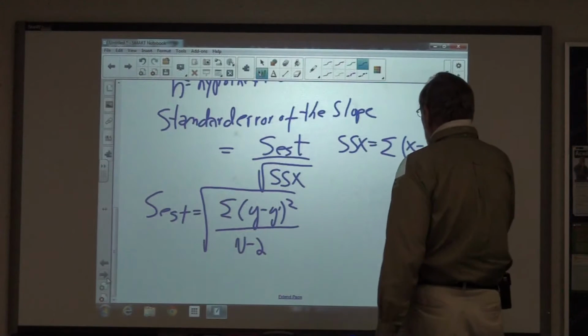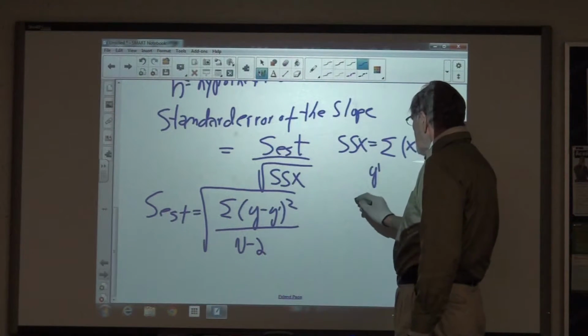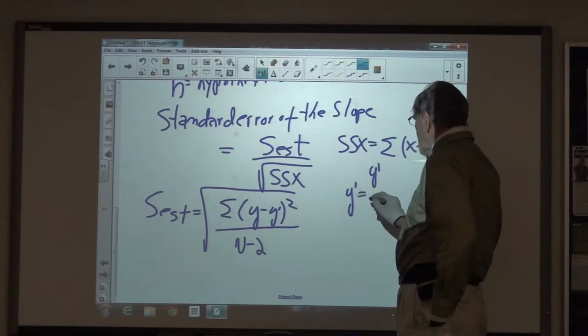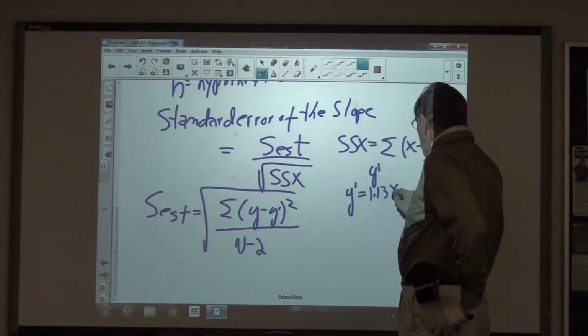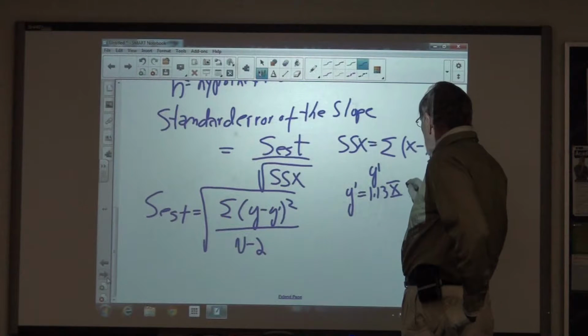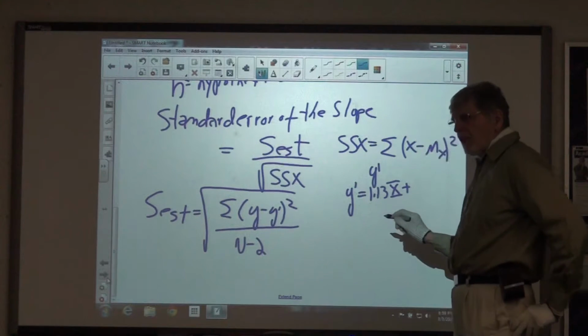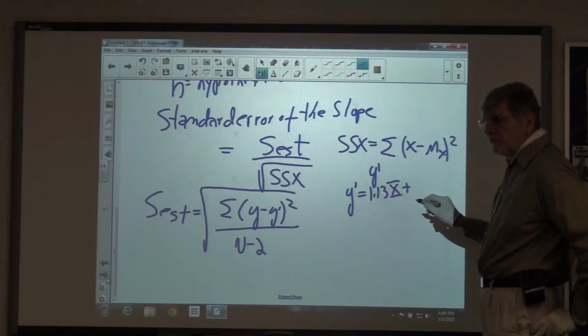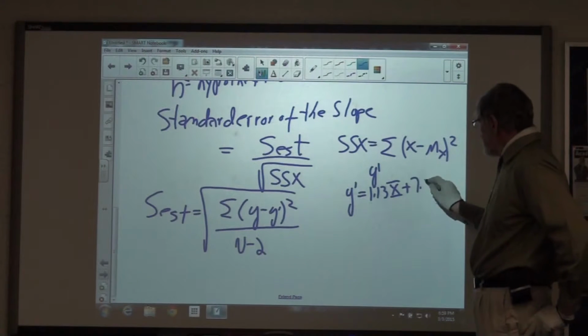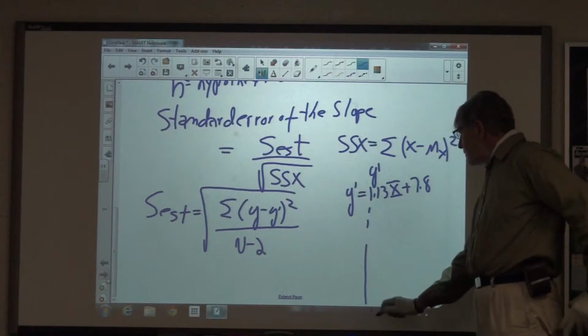So what is the y prime column? What was the equation for y prime? Y equals 1.13 capital X. And what was the y-intercept? It was 3.12. So now what you have to do is take another column.